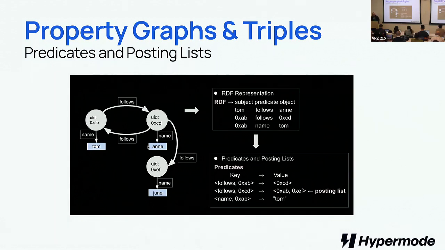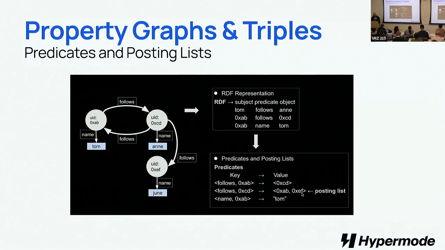And then to optimize for traversals, Dgraph uses this thing called a posting list. So here, if we look at this case, we have the follows predicate for Anne. So here's Anne's follows posting list.